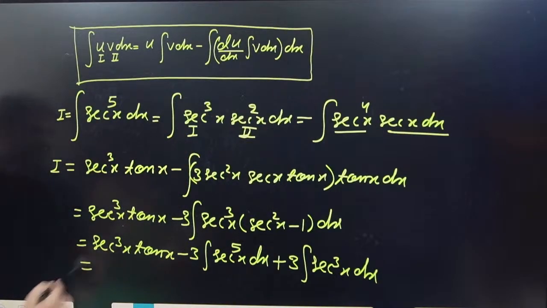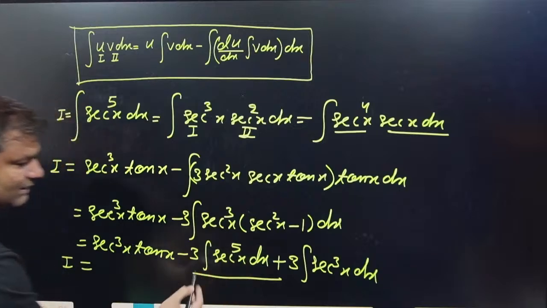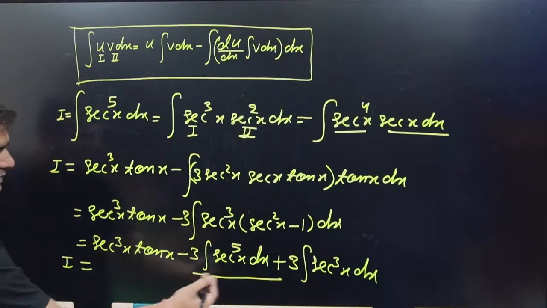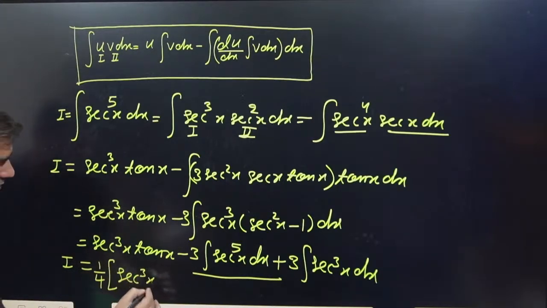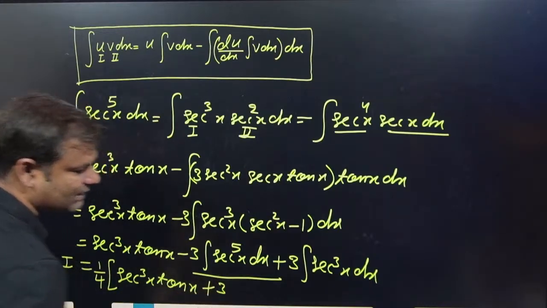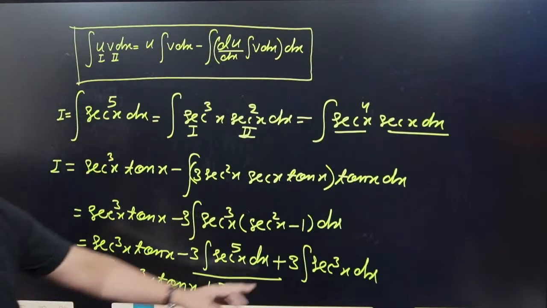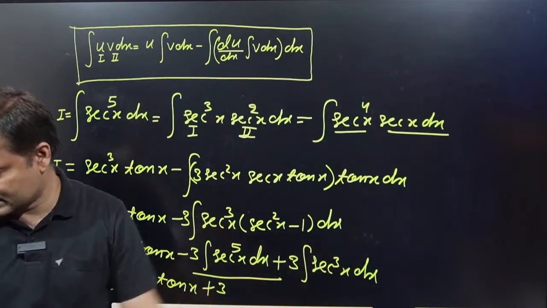And here I, this is also I, so minus 3I, and this one goes on this side, then 4I. So I is written as 1 by 4 sec cube x tan x plus 3 times, which I have already done, sec x to the power cube dx.